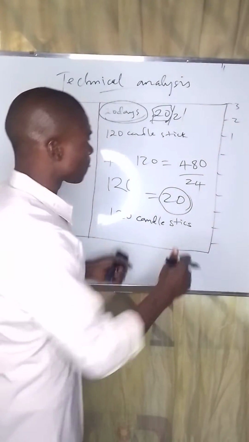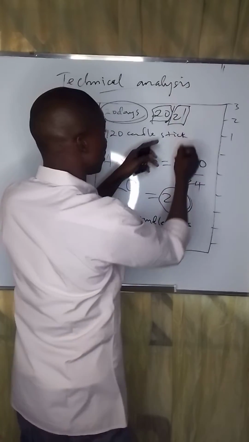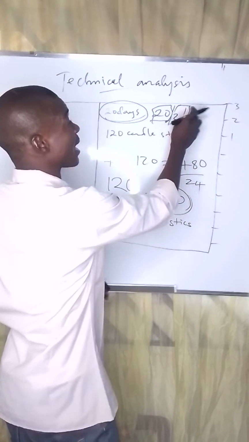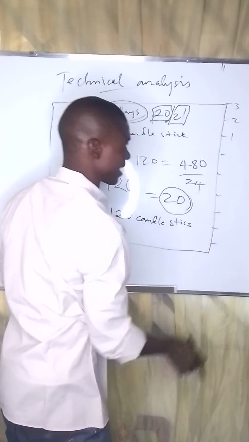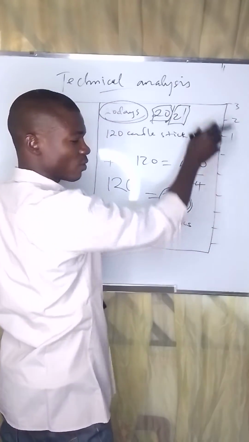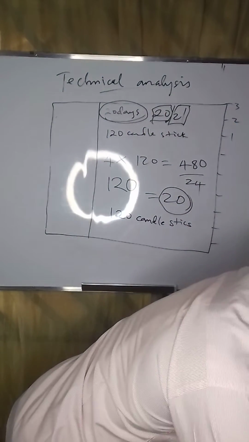When you have done that, although they call it the 21 day moving average, I take this 21 as the period. What is the period? The intervals by the right side, the values by the right side, of course, the prices here.